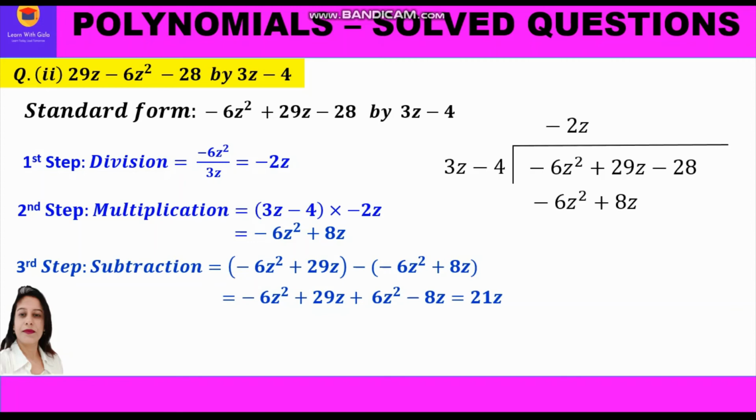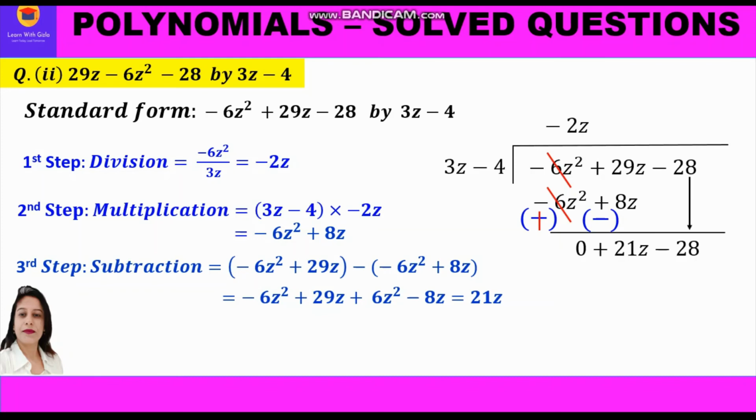Now in vertical form, we will put a minus sign beneath minus 6z square plus 8z, and further we will change the sign, that is minus will become plus and plus will become minus. Minus 6z square and plus 6z square will cancel, and 29z minus 8z, we will get 21z.